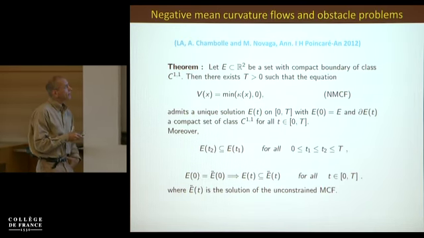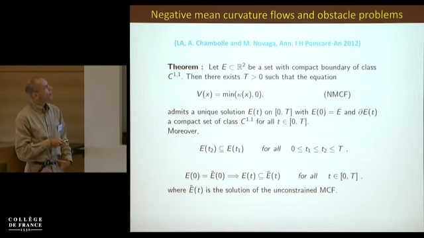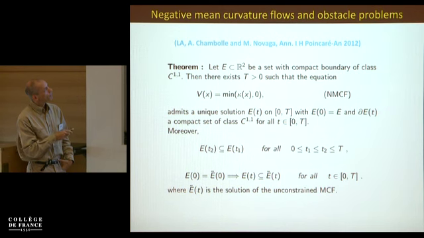We are saying that, in fact, for any time, if we start this type of negative mean curvature flow from the same set as a normal mean curvature flow, which is what we call with a tilde, then for every posterior time, the wound will be smaller by using this method than by putting a cable all around.